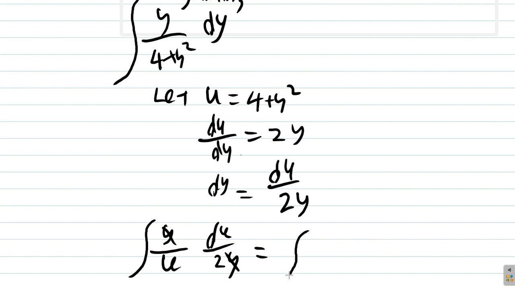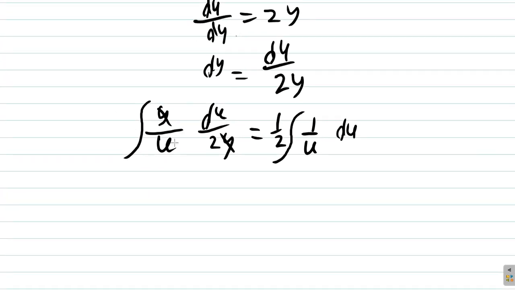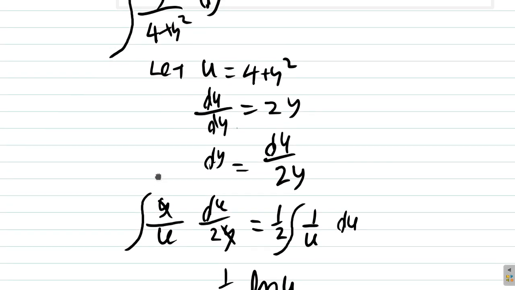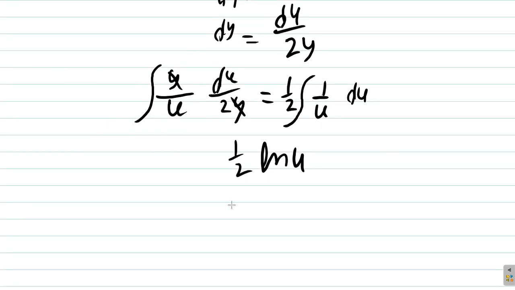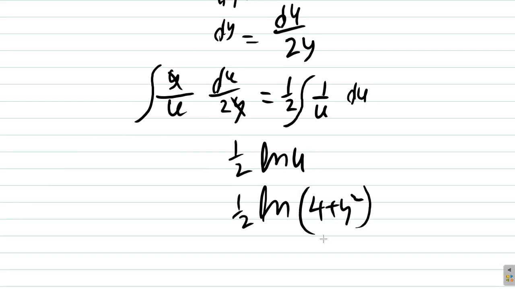You can write it as the integral of 1 over u du times half. But that half, you could put it behind the integral sign. So what does that give you? It gives you half ln u. But u is 4 plus y squared. So it is half ln of 4 plus y squared. So that's what you get on the left hand side.